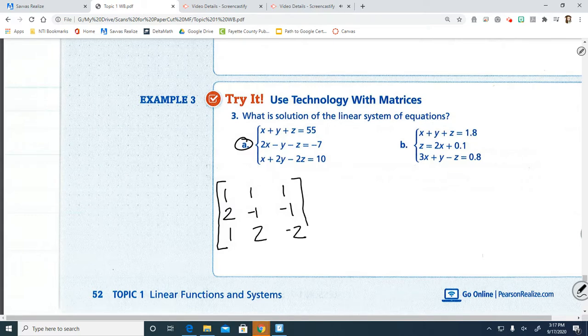I'm going to take the inverse of this matrix and multiply it by the constant matrix, 55, -7, 10. And that's going to magically give me my answer.